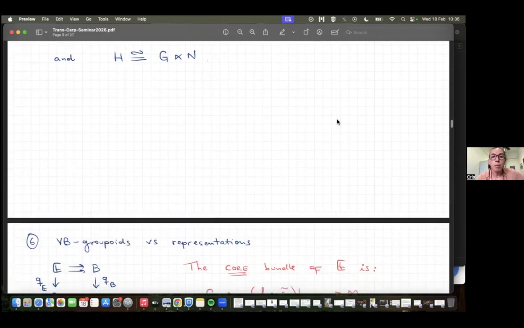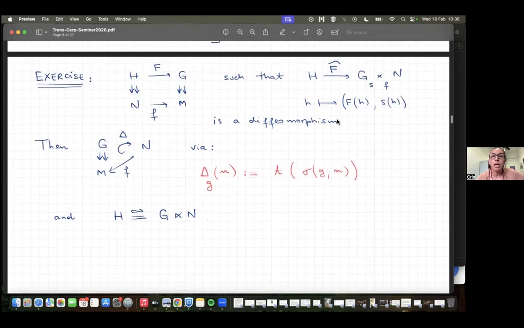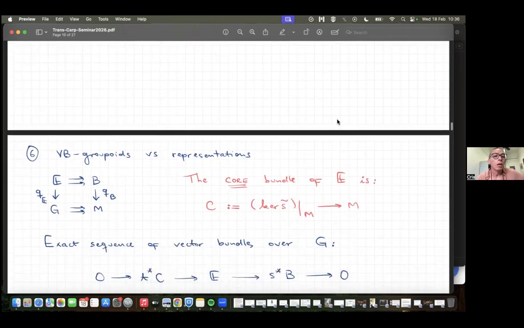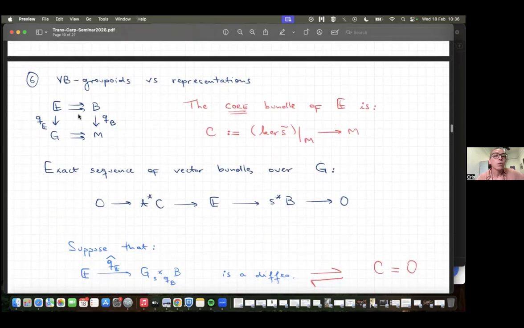So one can apply this exercise to the particular case of VB groupoids. So if we start with a VB groupoid E with projections QE and QB, there is a vector bundle over M, which is very important in this theory of VB groupoids, which is called the core bundle.